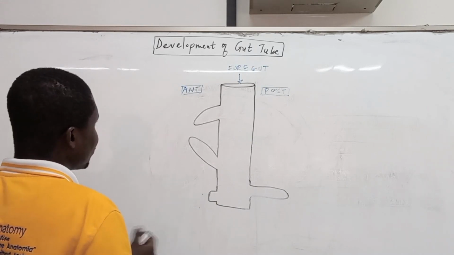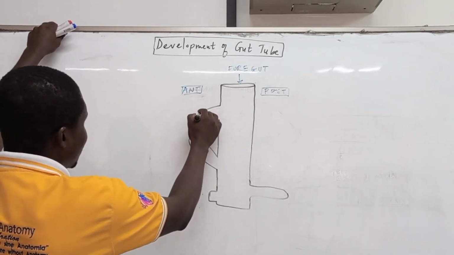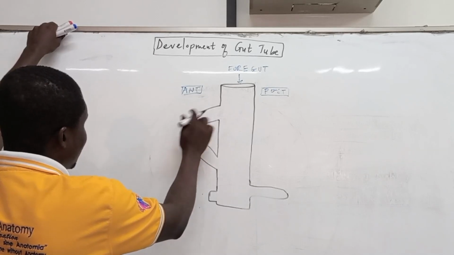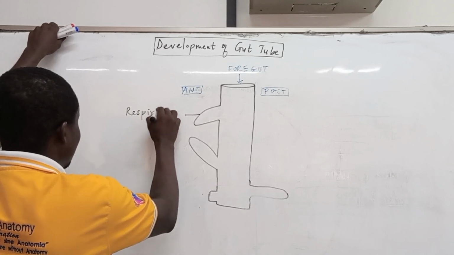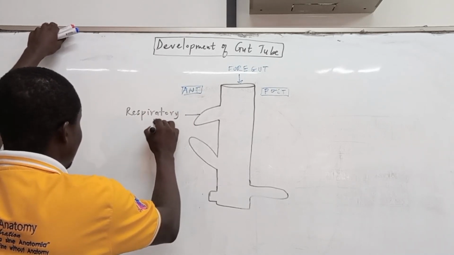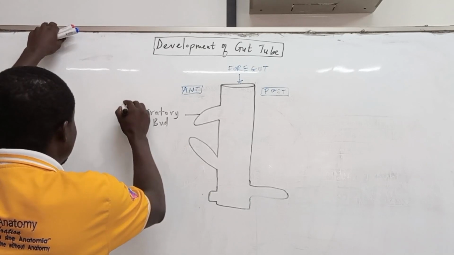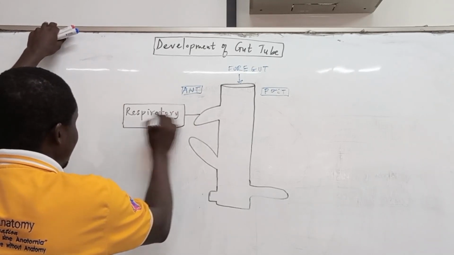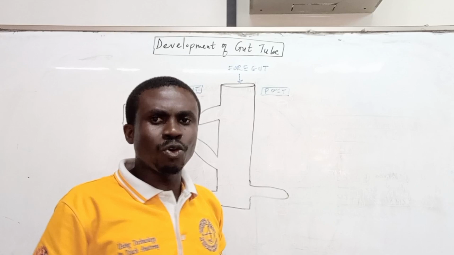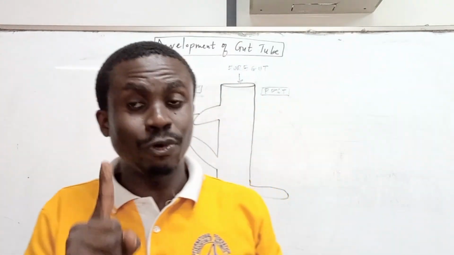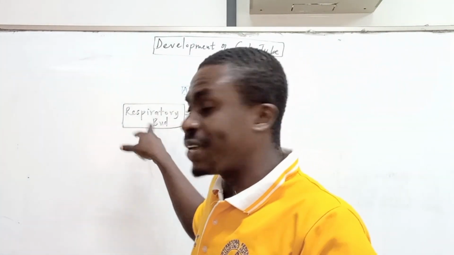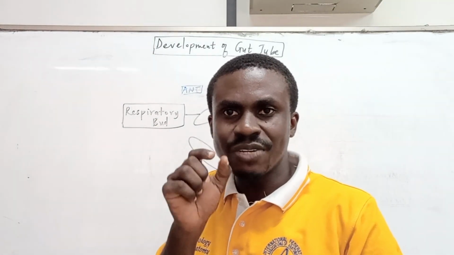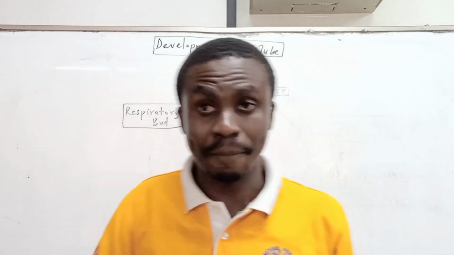This guy is known as the respiratory bud. Whenever we talk about the respiratory bud, one thing I want you to know for now, I'll take my time to go through the development of the respiratory tree, is that the respiratory bud gives rise to the lower respiratory tract.